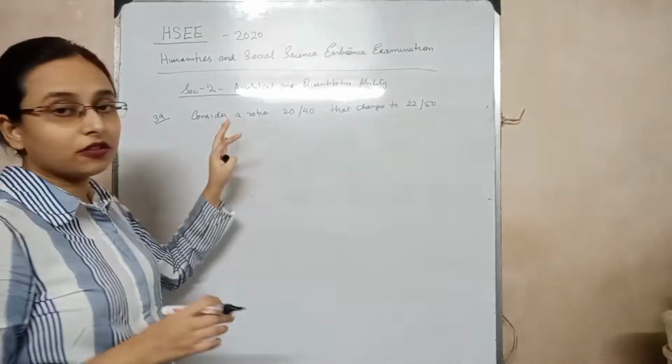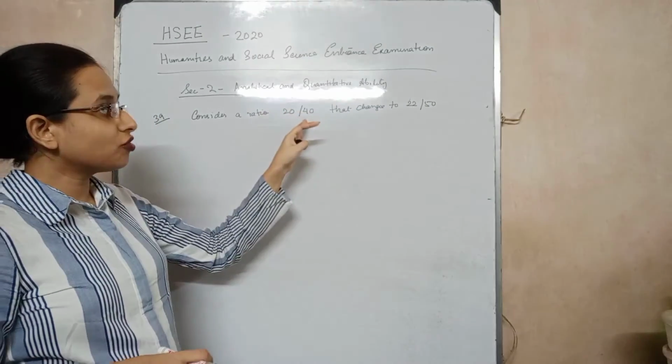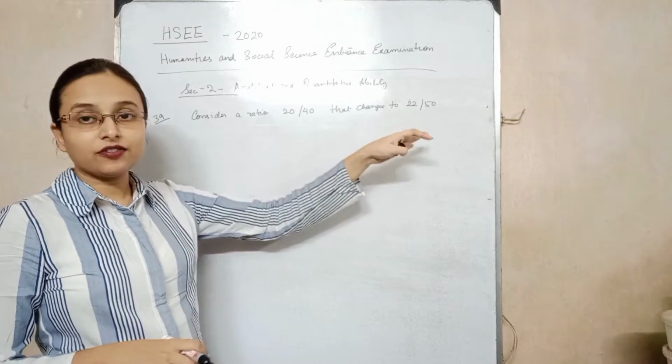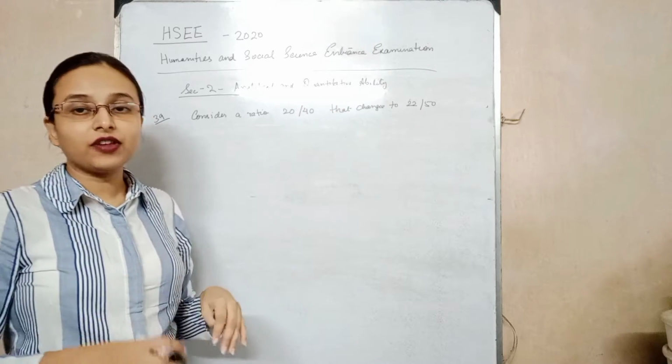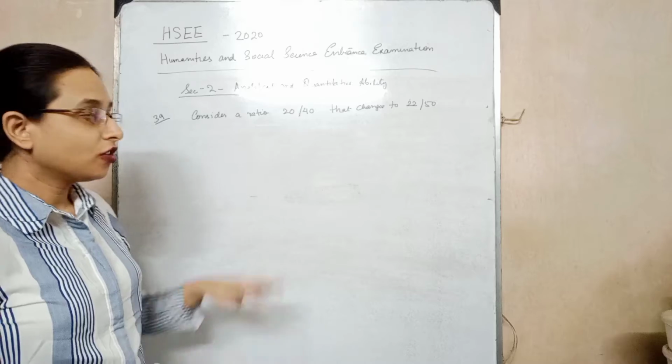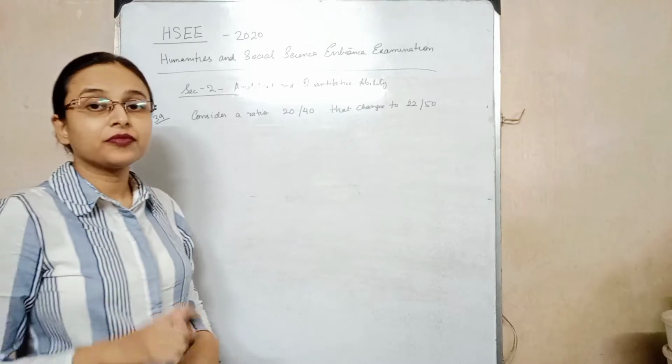So now here from the question you can see that one ratio is given and the second ratio is also given. From here we have to derive something. Okay, so please note down the two ratios.